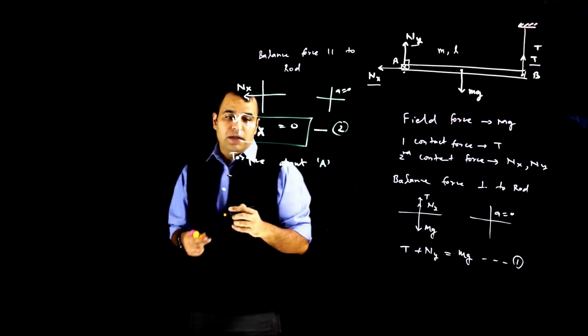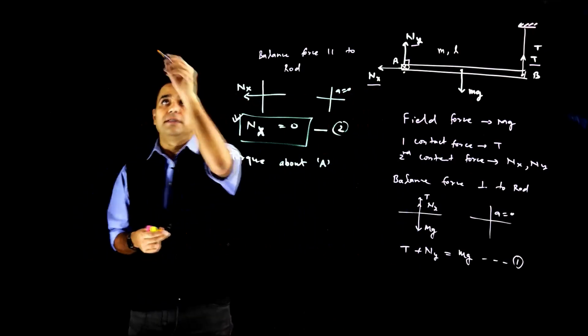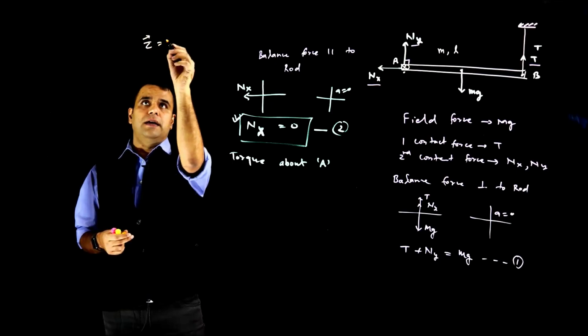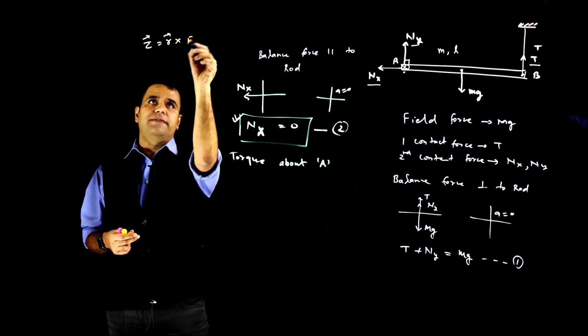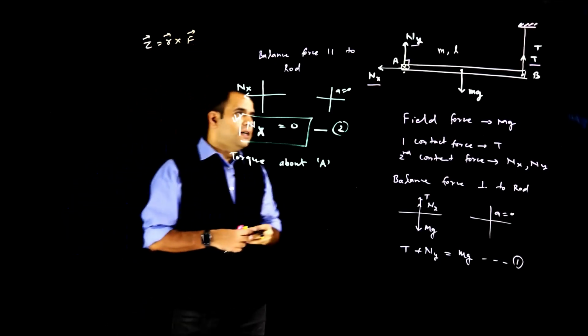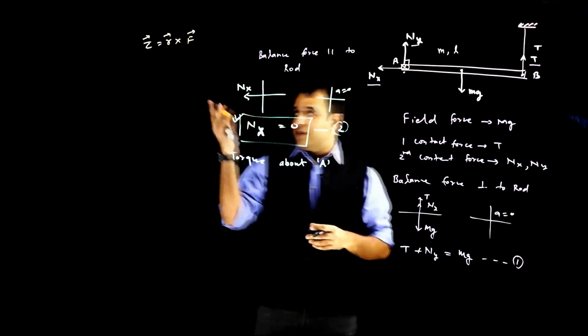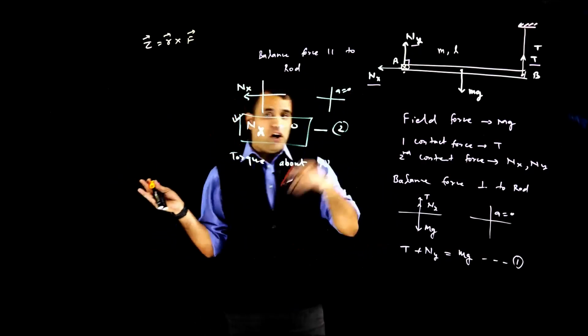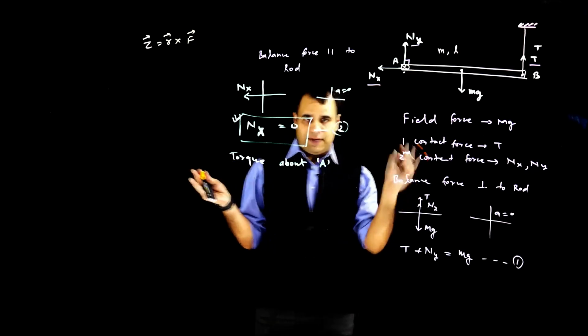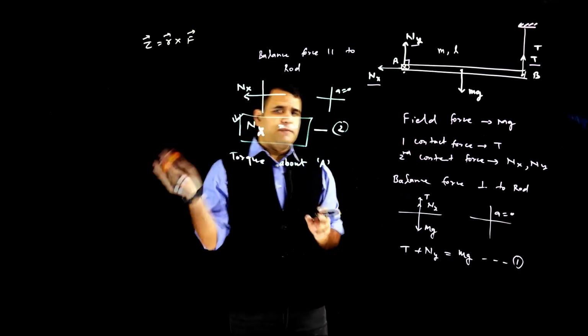So if you remember, the formula for torque is tau equals r cross F. This position vector r is nothing but the position vector of the point of application of force, where the force is applied, with respect to the axis.